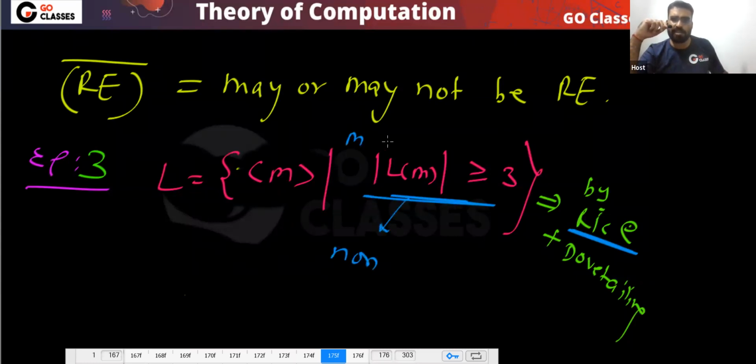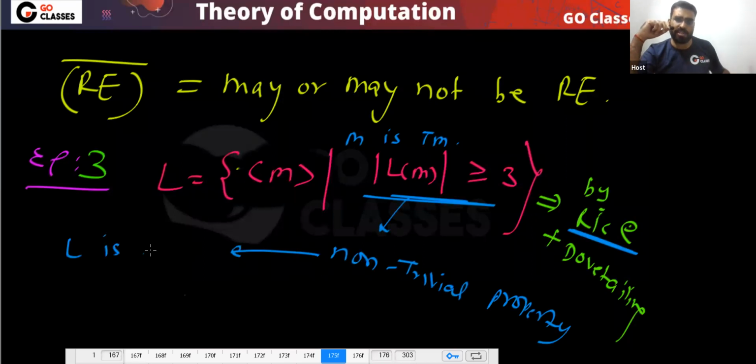Let's assume M is a Turing machine. Non-trivial property means L is not REC. But this is a monotonic property.